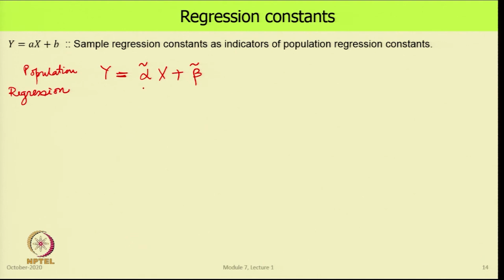And the symbols that I have used, they are constants alpha and beta, but I put this tilde on top of that for a particular reason, that the symbol alpha is used in statistics for the level of significance. So, this will lead to a lot of confusion if you were to look at it in that way, and to distinguish it from the level of significance, we have made it alpha tilde and beta tilde.